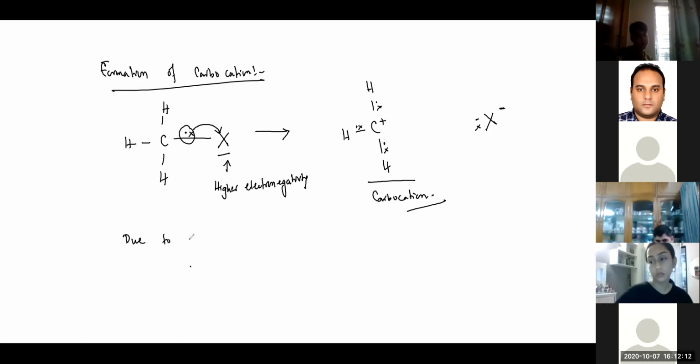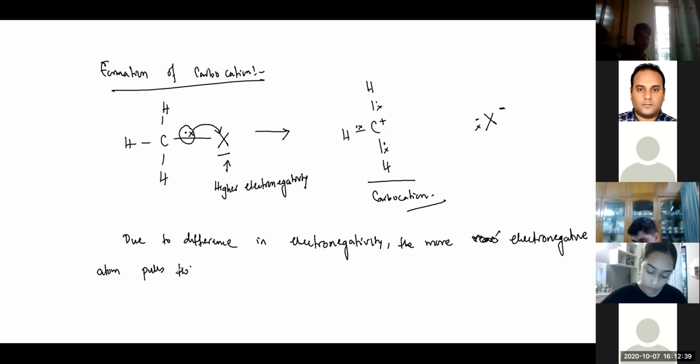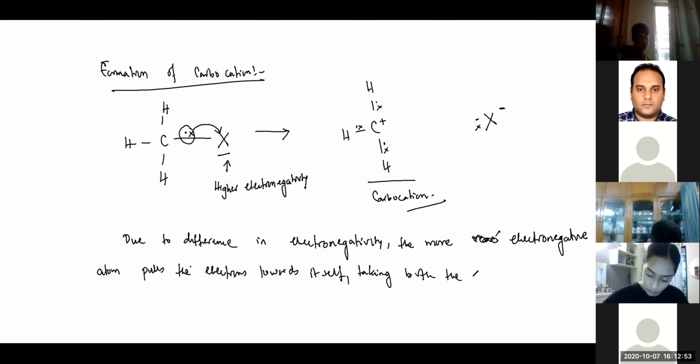So due to the difference in electronegativity, the more electronegative atom pulls the electrons towards itself, taking both the electrons in the bond.